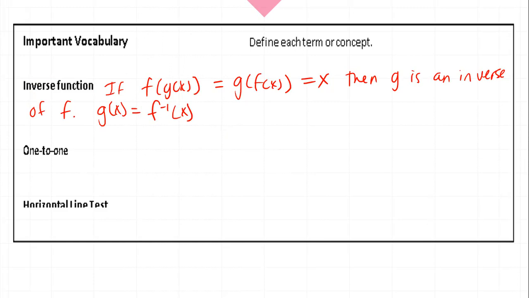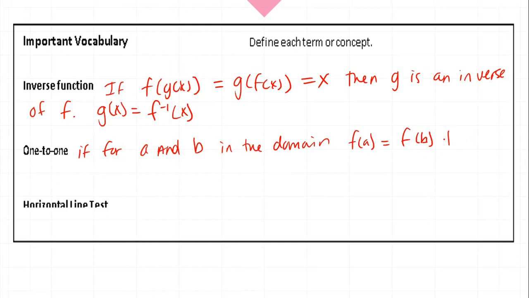Okay, a one-to-one function. A function is one-to-one if for any a and b in the domain, if f of a equals f of b, therefore a has to equal b.